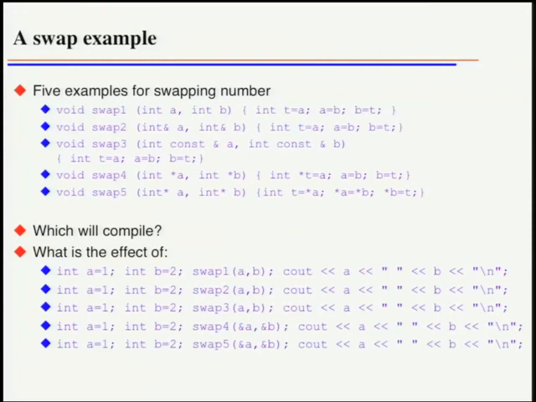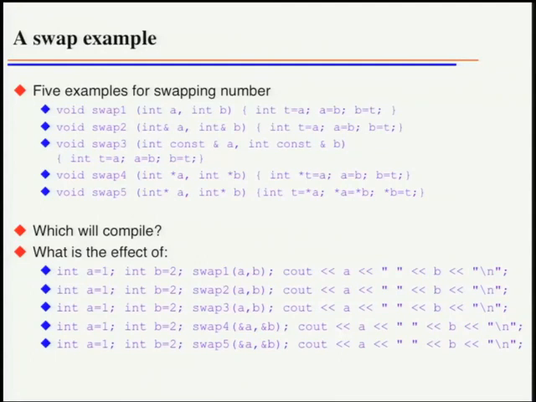Okay, so now we try to use it. We have a variable A and B. We call the swap1. What will we get as an output? One, two, you say?